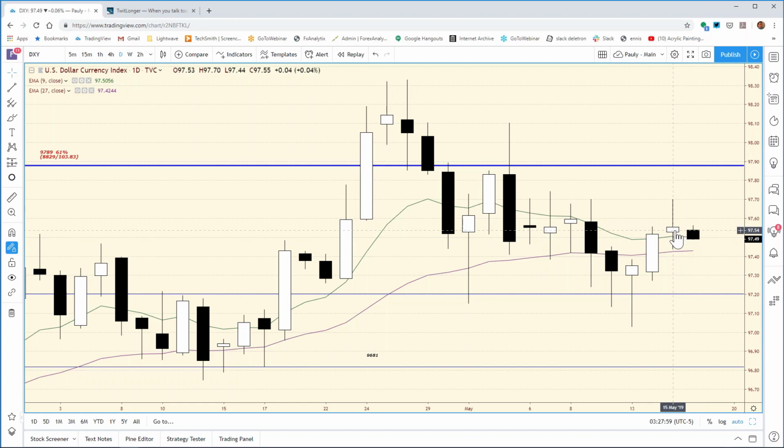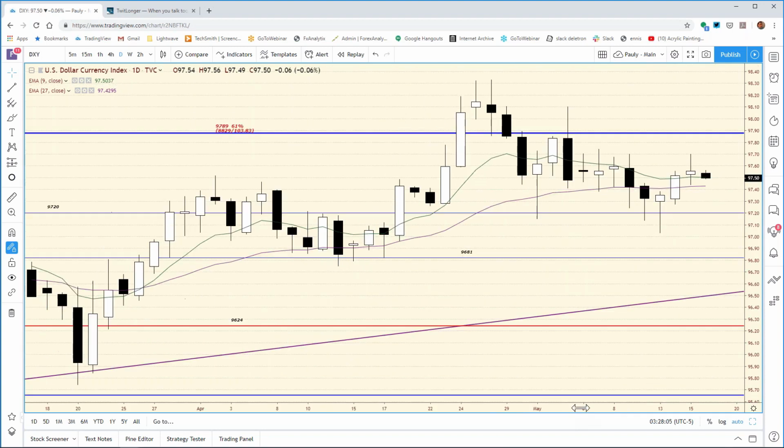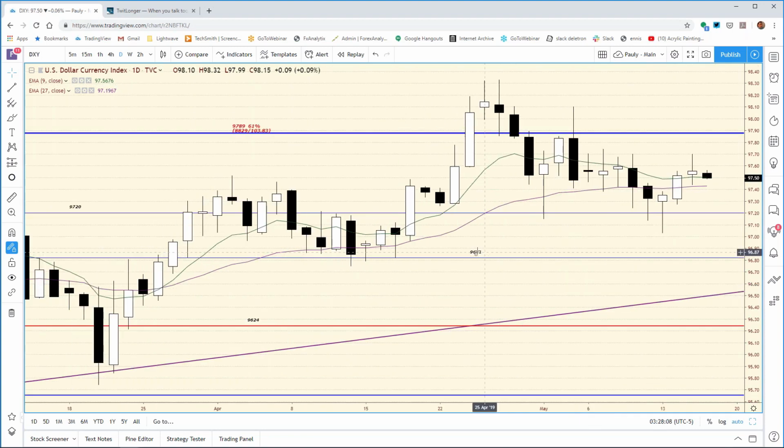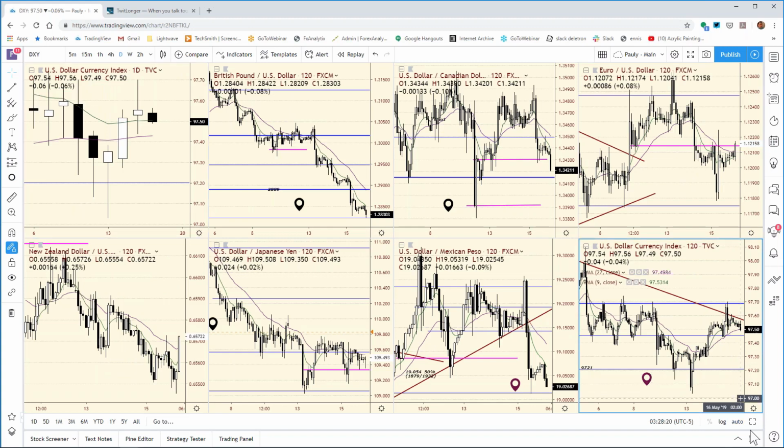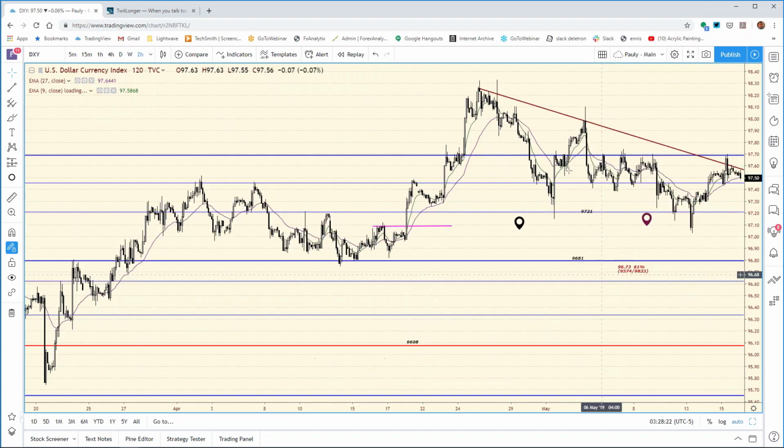Like I said at the beginning of the week, I don't think the dollar's going to fall out of bed, but I think that we can work lower. And I think that it's probably finding less and less reasons to hold this thing. So resistance is still going to be that 97.69. And you can see here we have a little bit of a downtrend line here.